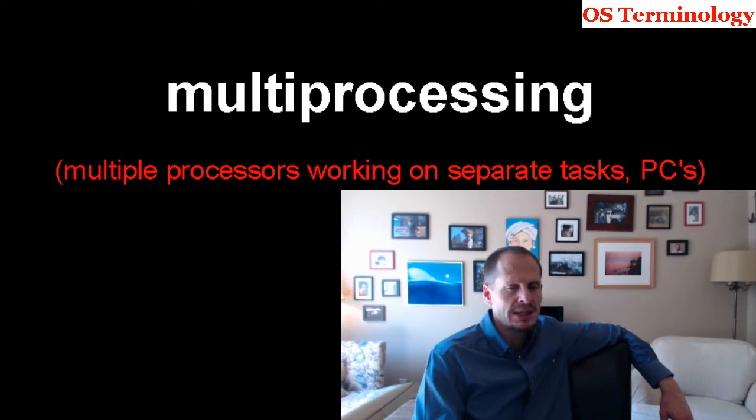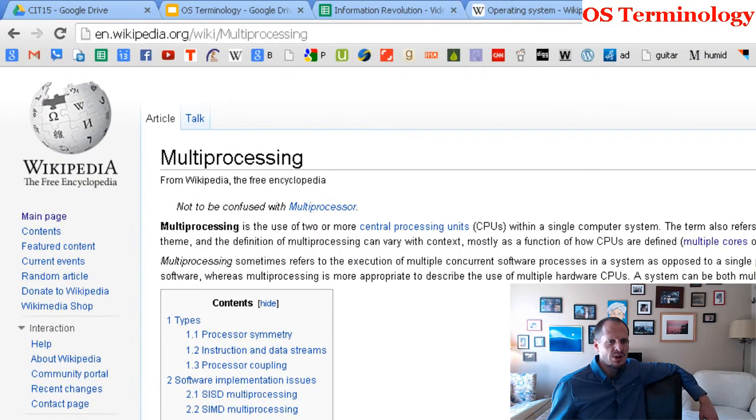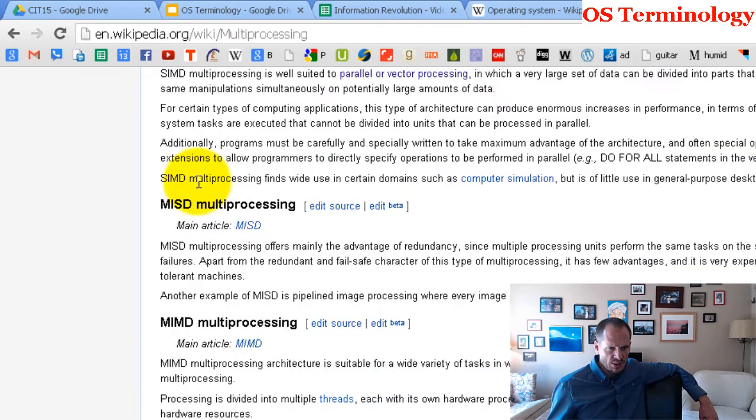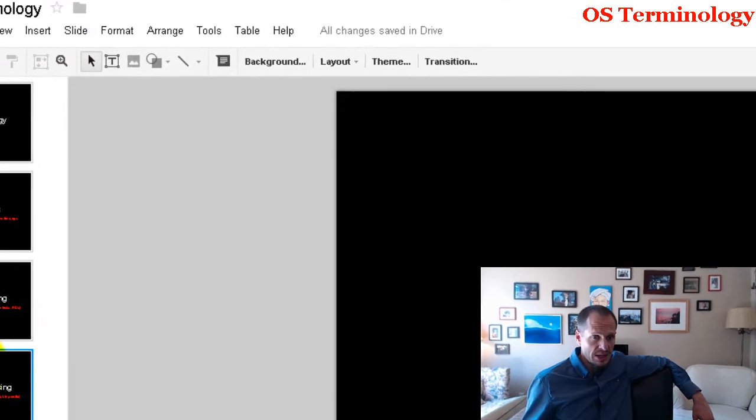The basic definition is a computer running multiple processors, and the operating system has to be programmed to do that. It's a lot more involved than the basic definition I'm giving, and it's a bit of a rabbit hole, Alice in Wonderland's rabbit hole. So you could read about it if you'd like to know a little more about multiprocessing.